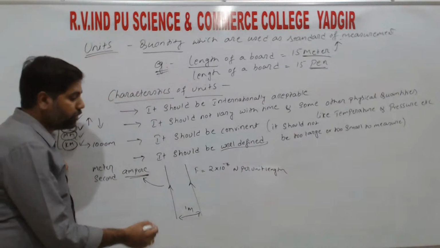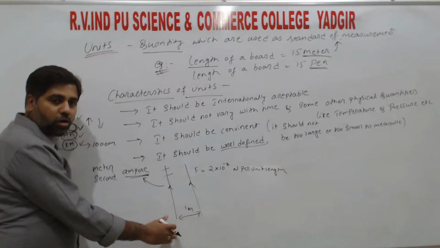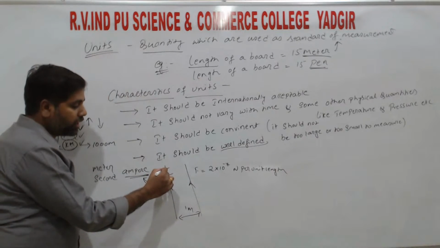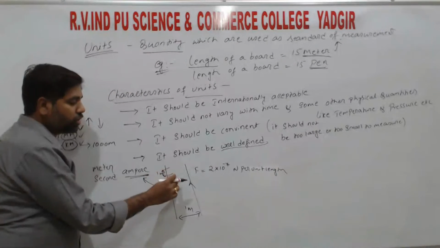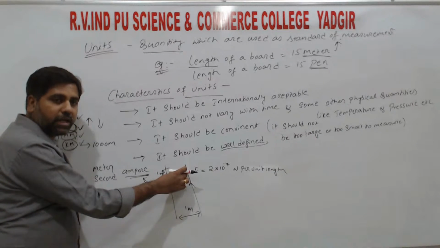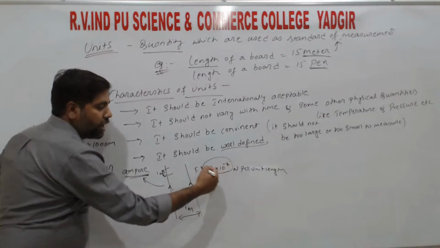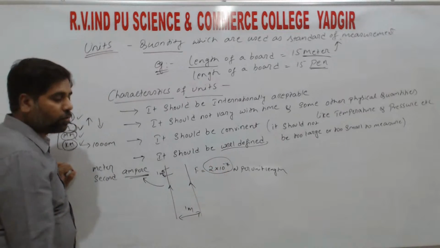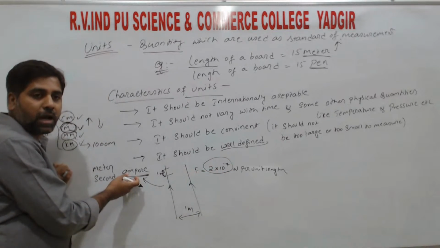So for every 1 meter, taking infinitely long conductors, this is the force the two conductors experience. So by this way we can define the ampere, right.